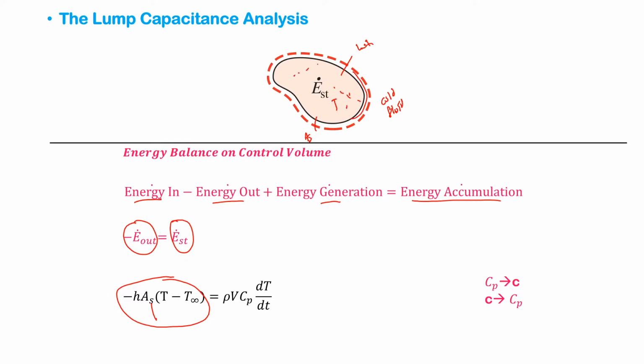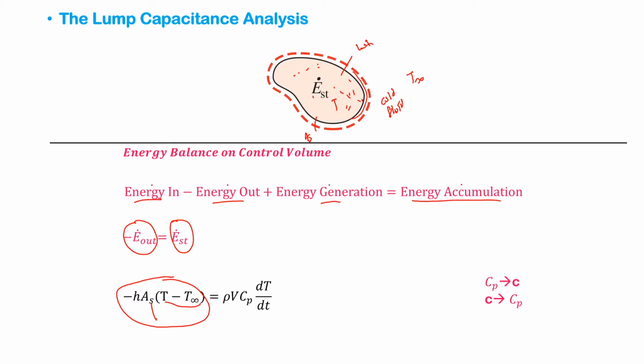It doesn't have any temperature variation. So T is the same everywhere, even on the surface. That is T, and the fluid is at T infinity. So the temperature difference between the object and fluid is delta T here. And if you multiply it by AS and by the convective heat transfer coefficient, we calculate the rate of heat taken out from the system.